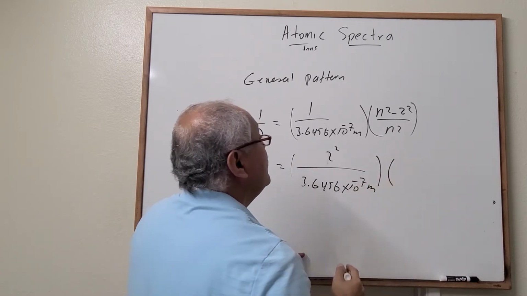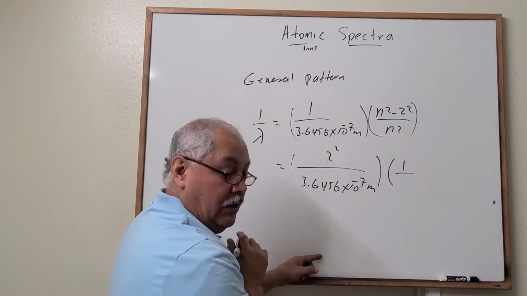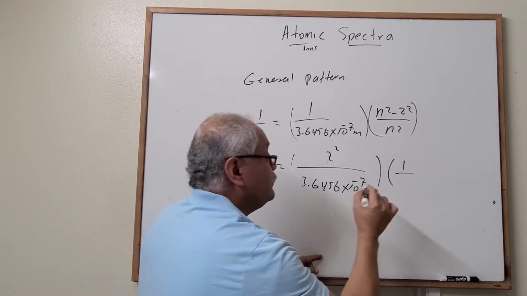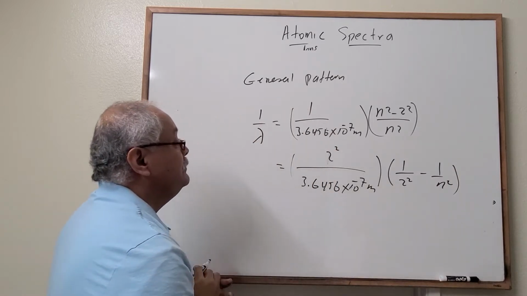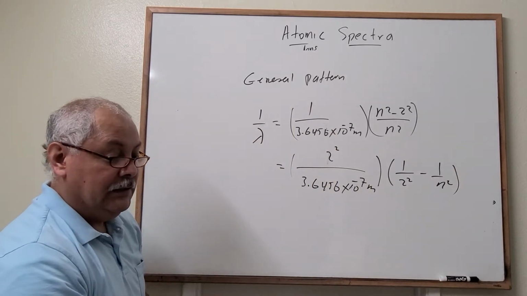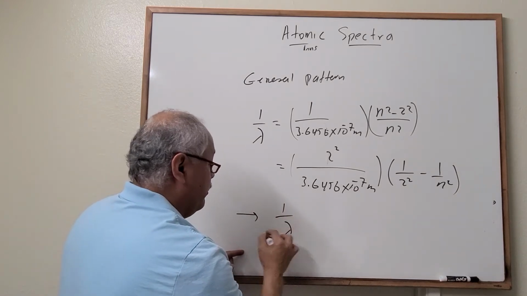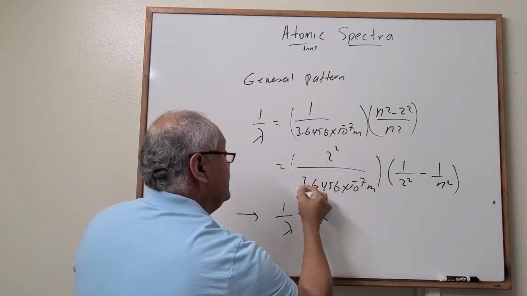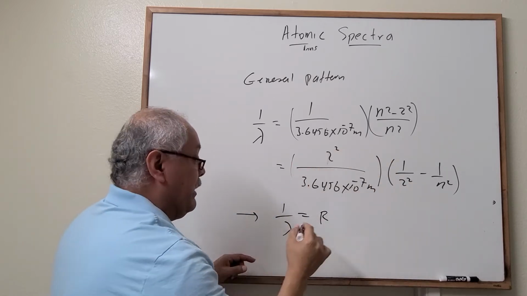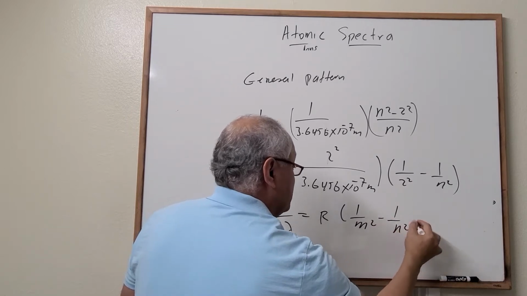And now right here we have a factor of 1 over 2 squared minus 1 over n squared, correct. Or more generally, we have this pattern: 1 over lambda is equals to R, where R is this constant, times 1 over m squared minus 1 over n squared.